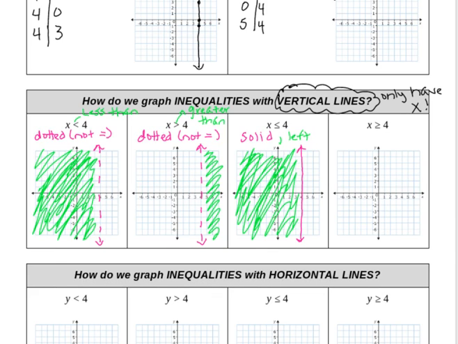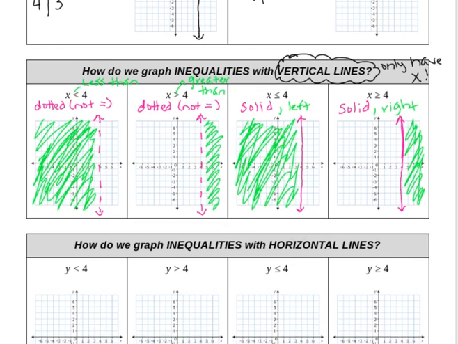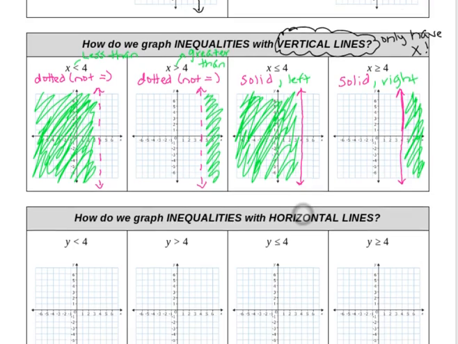And then finally we have x is greater than or equal to 4, so we can tell this is going to be solid again because this one is equal to. That line wasn't very straight there, sorry about that. And this is a greater than symbol, so we're going to shade to the right because we want to be bigger. So you'll notice on these four, we shaded either to the left or to the right of the line, just like we did on the number line. It's just that now we've got this vertical line because it's an x on a coordinate plane instead.